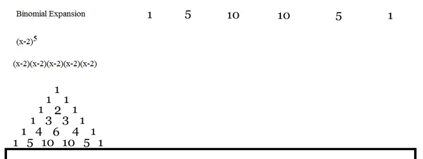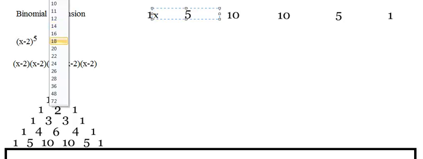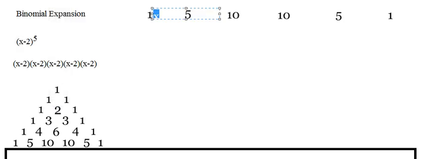So first, I see this x. I take the first term, x. My second term is negative 2. But I take my first term, and I write it here, and I do it to the power of whatever number is here, which is 5.